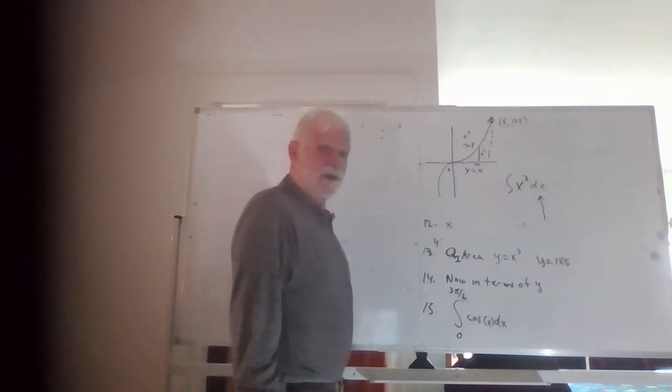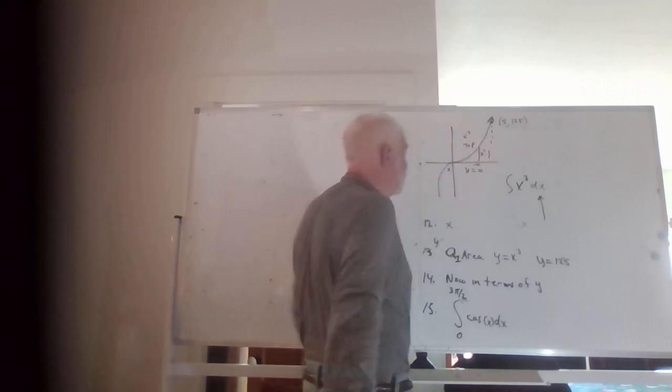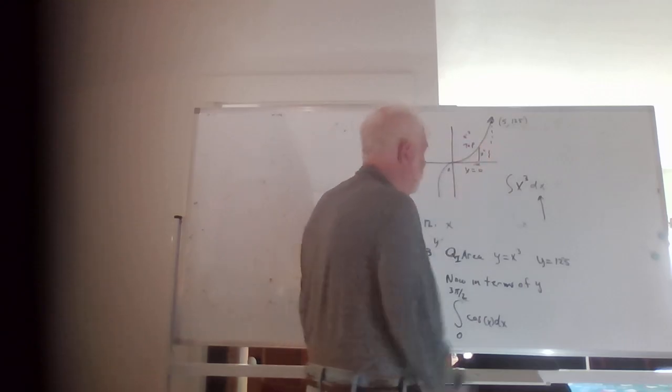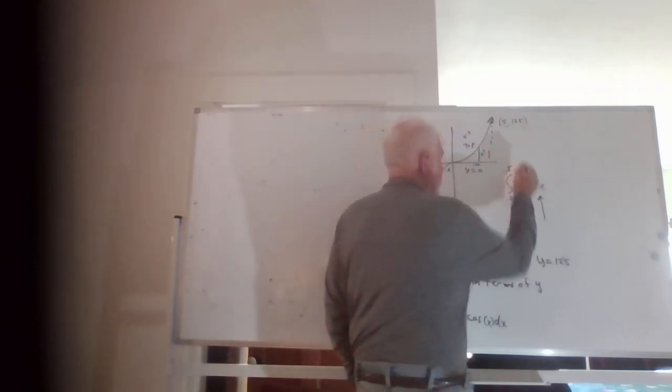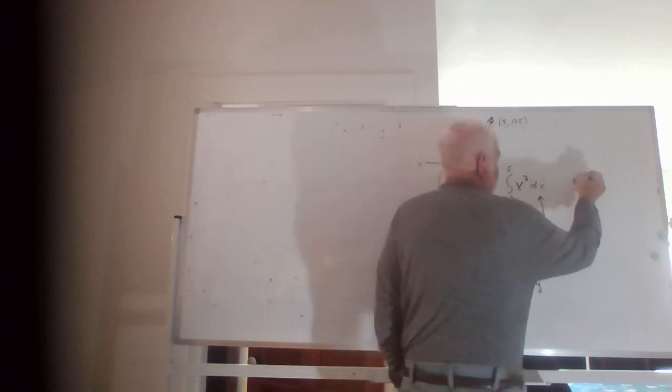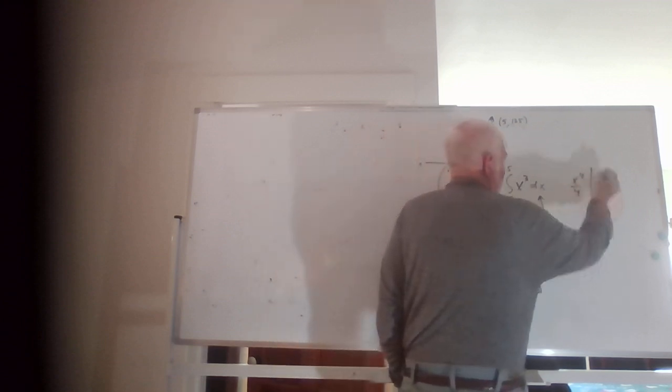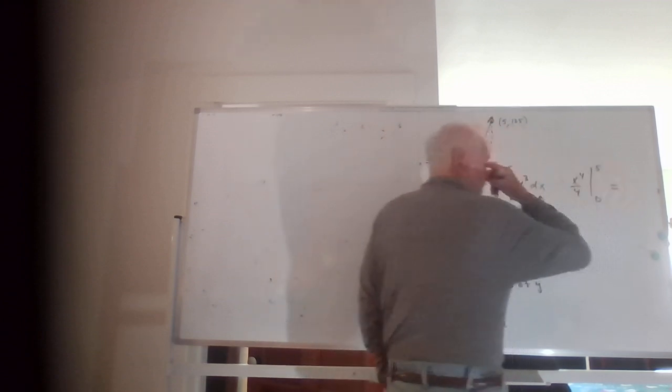Hope you can see there's still area there in that thin strip. All right, so we're going to go from 0 to 5, and we're going to get x to the 4 over 4 from 0 to 5, which is equal to 5 to the 4, 625 over 4.